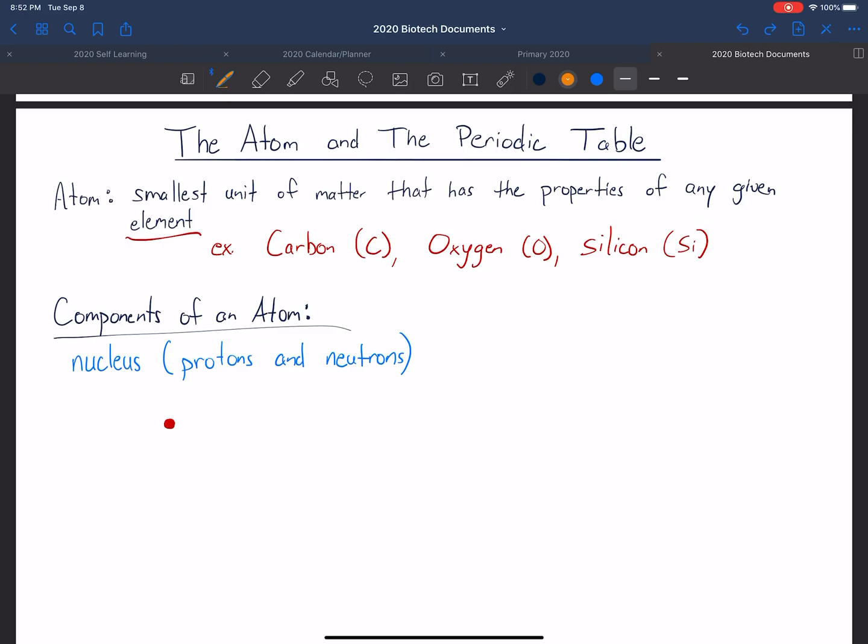Okay, maybe that's not the best representation. Let's go with a cleaner view. Something along those lines. That might be more like our typical view of the atom. So anyway, this little red solid dense center is our nucleus. And out of the three different components, two of those components live there. So there's another component here that we're showing in these outer rings. These are where what we call the electrons live.